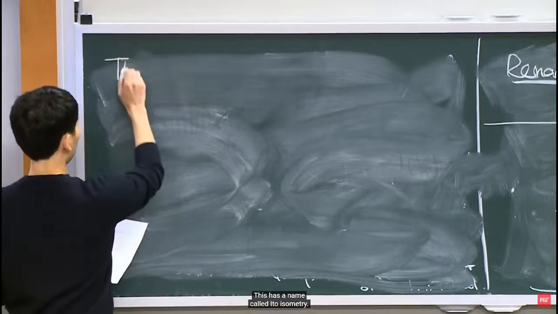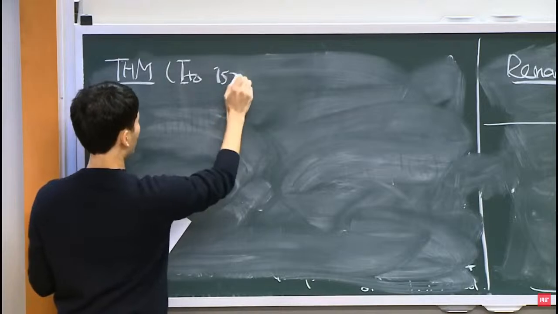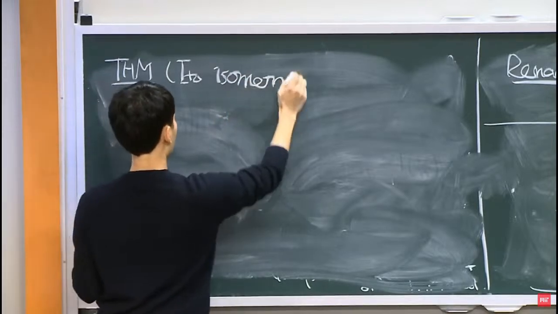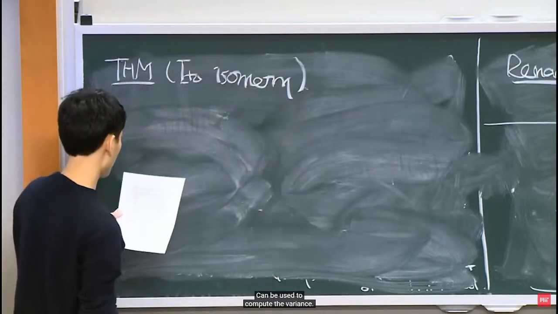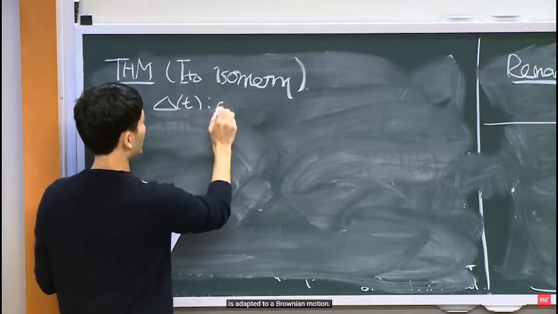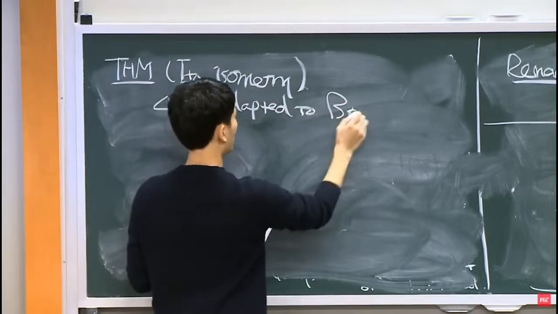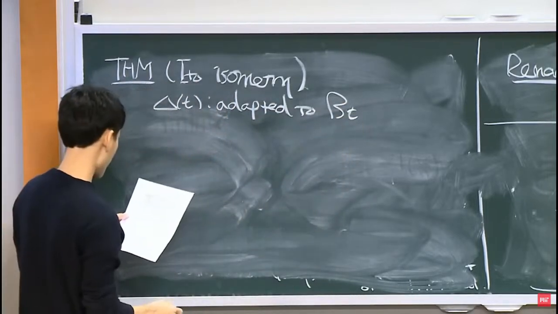Okay, so this has a name called Ito isometry. It can be used to compute the variance. So Bt is a Brownian motion, and delta t is adapted to the Brownian motion.